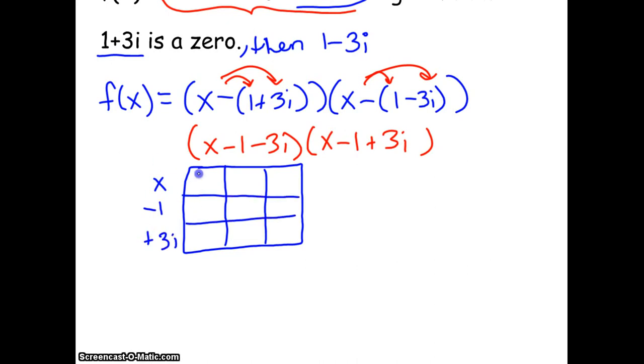So I'm going to put x, negative 1 plus 3i on the side. And when I multiply this out, I'm just going to go through the motions here. When you multiply this out, all of the i's will cancel out.